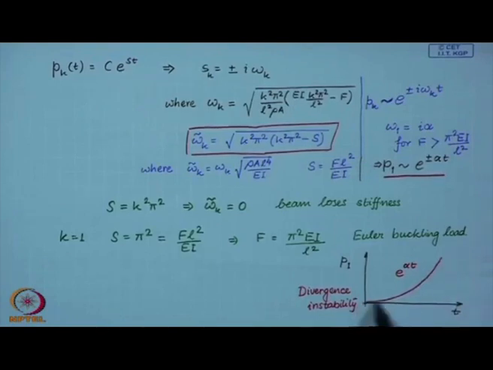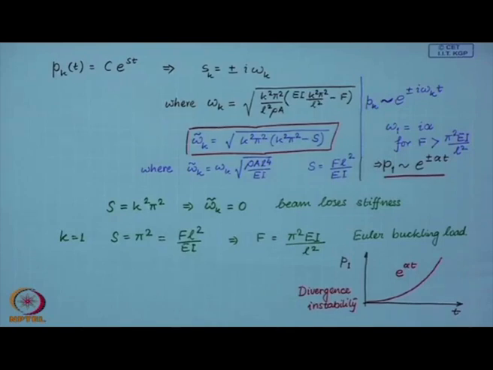Even with a very small disturbance, it is going to exponentially diverge. So, this is the divergence instability. So, a beam with axial force will show divergence instability if the force exceeds the Euler buckling load.